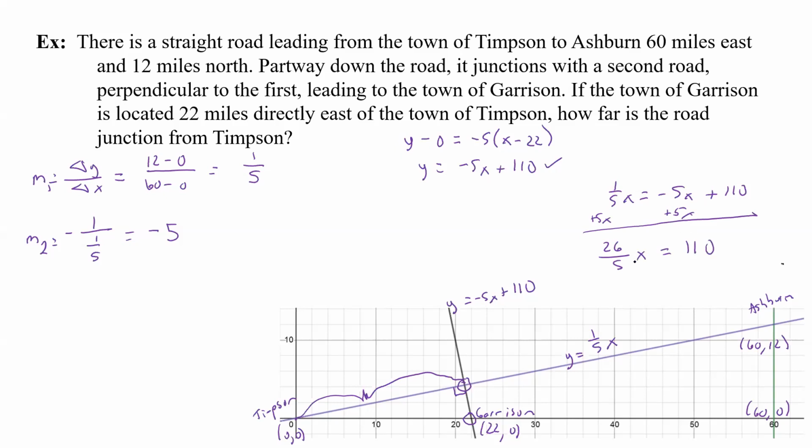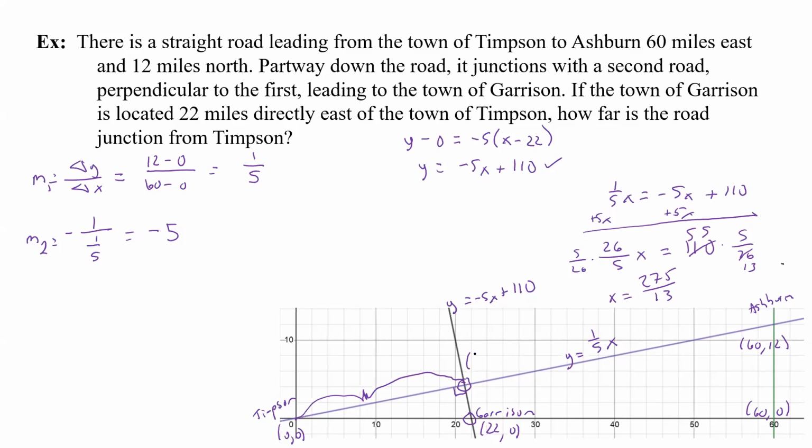Now we multiply by the reciprocal, 5 over 26. 2 goes into 110 as 55, and 55 times 5 is 275. So x is equal to 275 over 13.